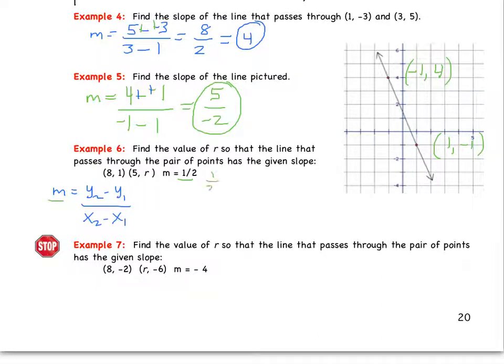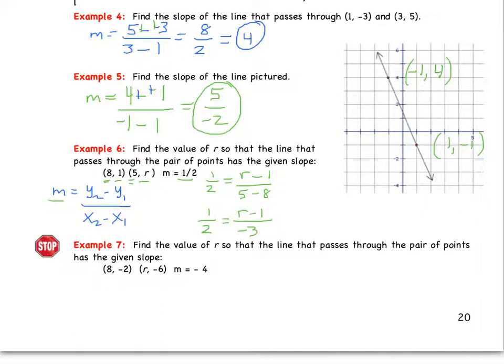So 1/2 equals, instead of y2, we have an r. r minus y1, which is 1, all over x2, which is 5, minus x1, which is 8, and we can clean this up. So 1/2 is equal to r minus 1 over -3.